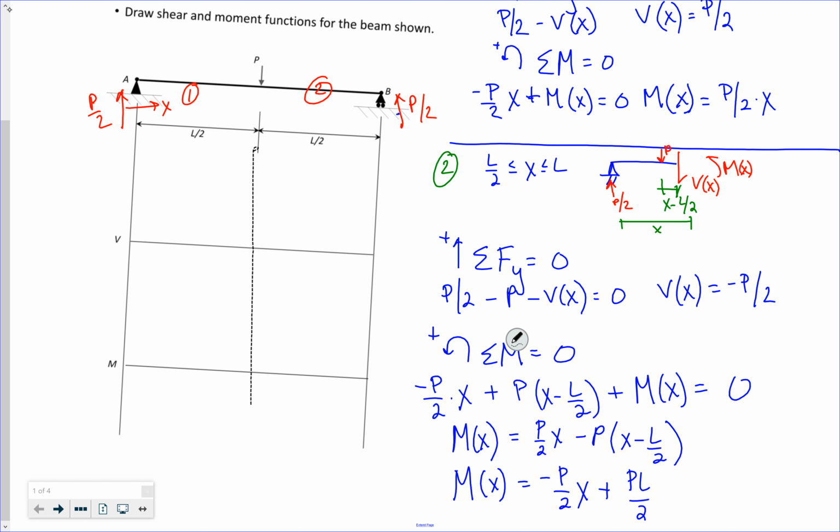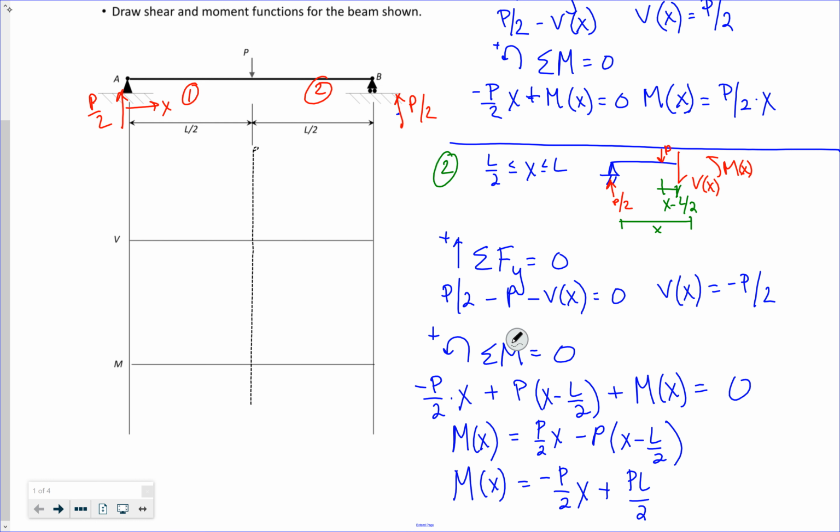Oh, look at that. Oops. Must have shrank my thing at some point. Oh well. Anyway.